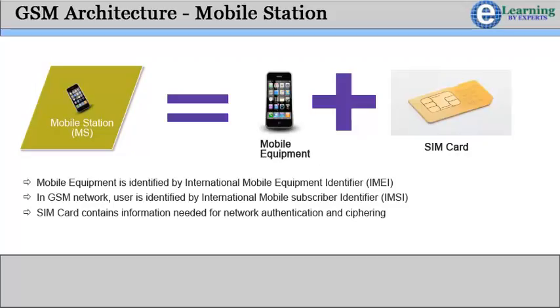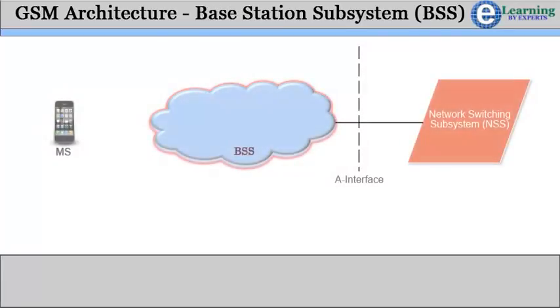SIM card is a detachable card that can be placed in any compatible device, thereby allowing any subscriber the ability to use any phone. This allows the separation of the subscriber identity from the mobile terminal and its capabilities. Base station subsystem is responsible for managing the radio network and is controlled by an MSC.